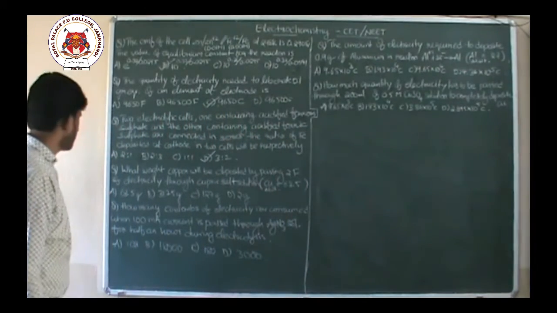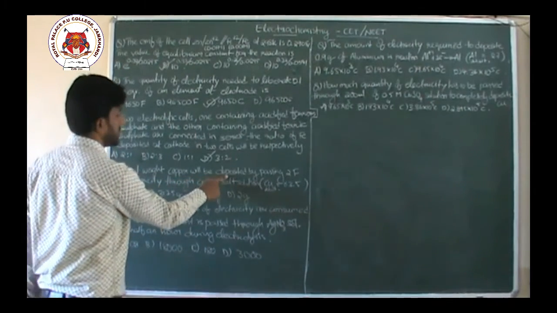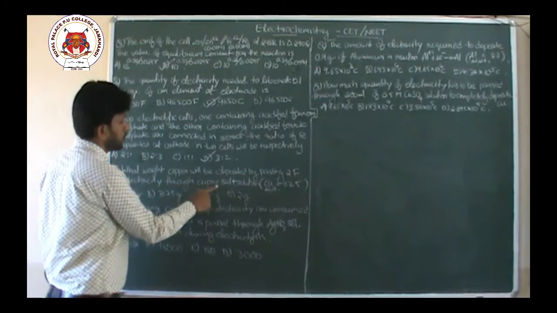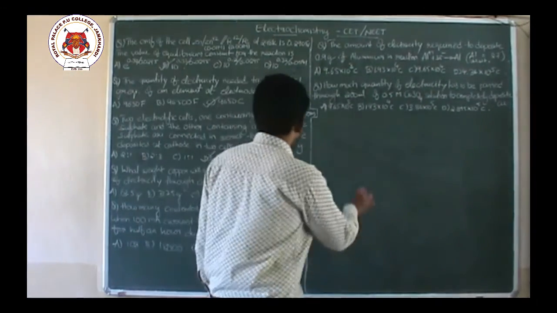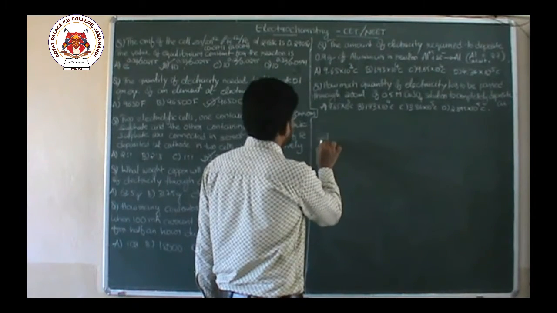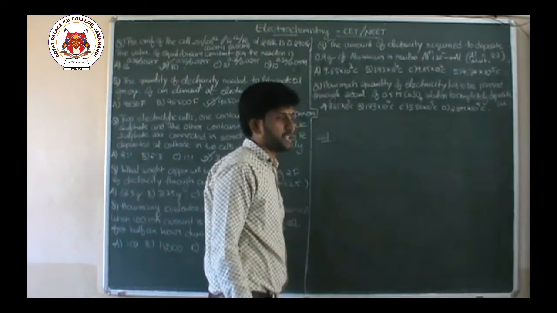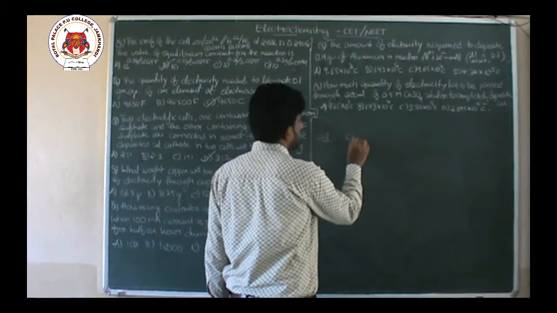Next question. What weight of copper will be deposited by passing 2 Faradays of electricity through cupric salt solution? Cuprous means Cu plus 1. Cupric means Cu plus 2.